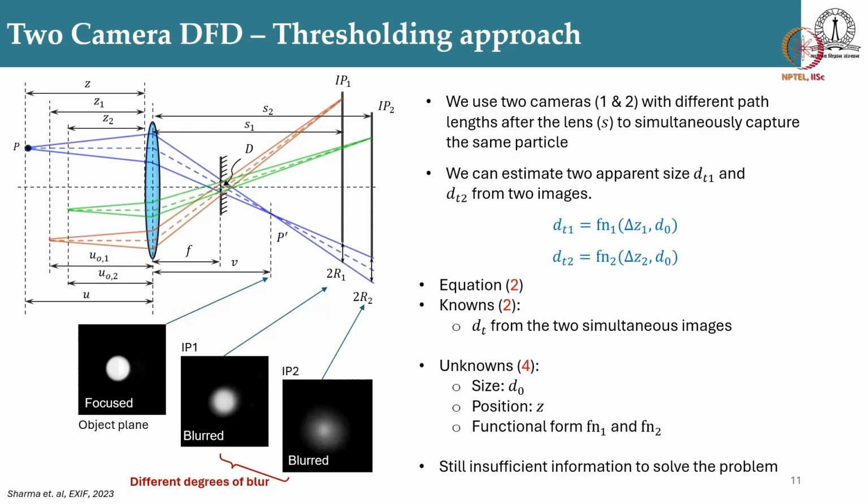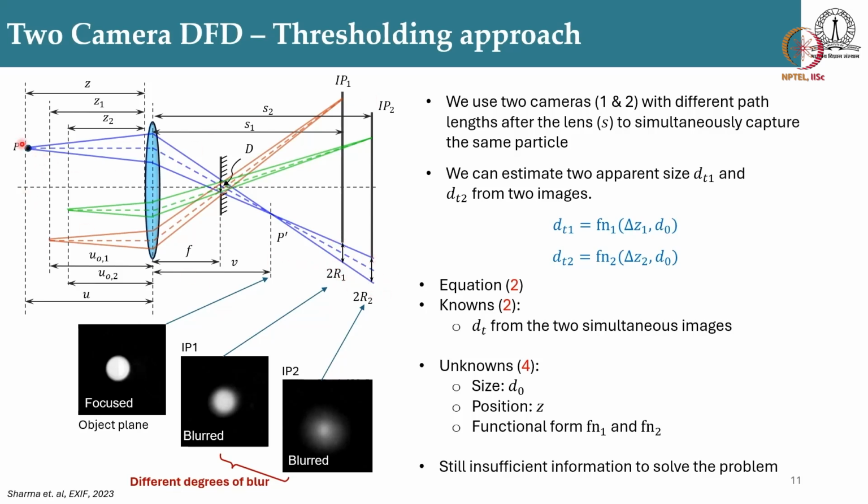And how do we do that? For that, we choose the imaging system in the same way that we have shown earlier. The only difference being there are two cameras. So we put the two cameras in a way that the imaging planes are offset by some delta value, so they are not aligned. So for the same particle, two different images will be formed.